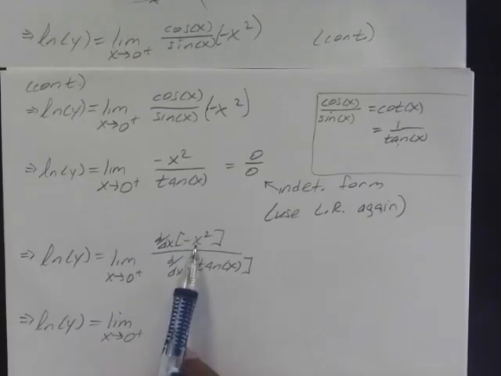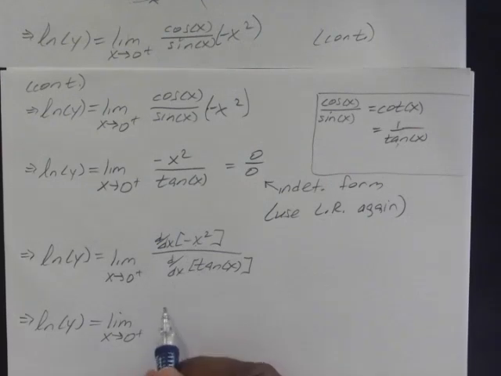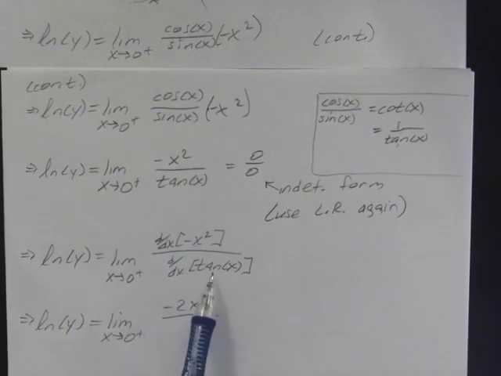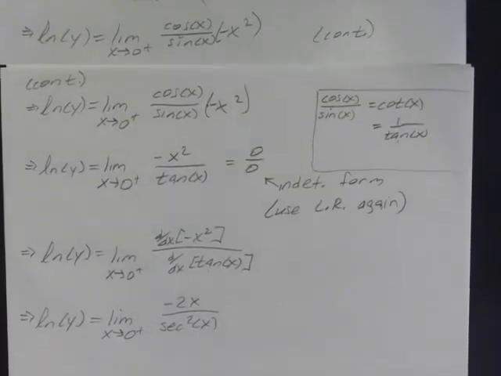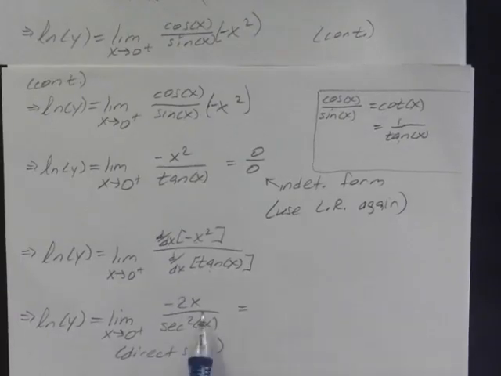The derivative of negative x squared is negative 2x divided by the derivative of tangent of x, which is secant squared of x. So if we use direct substitution again, we have the limit of negative 2x, which is 0.